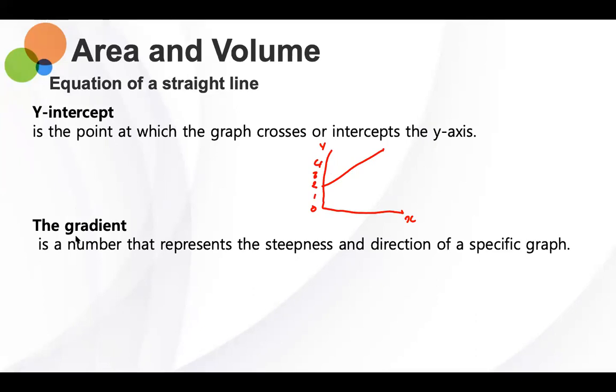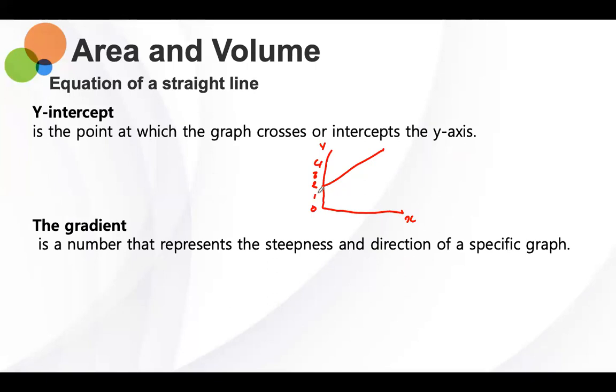Let me repeat again. We have a graph and our scale is 0, 1, 2, 3, 4. We said that our y-intercept is the point at which the graph crosses or intercepts the y-axis. What in this case is our y-intercept? 0.